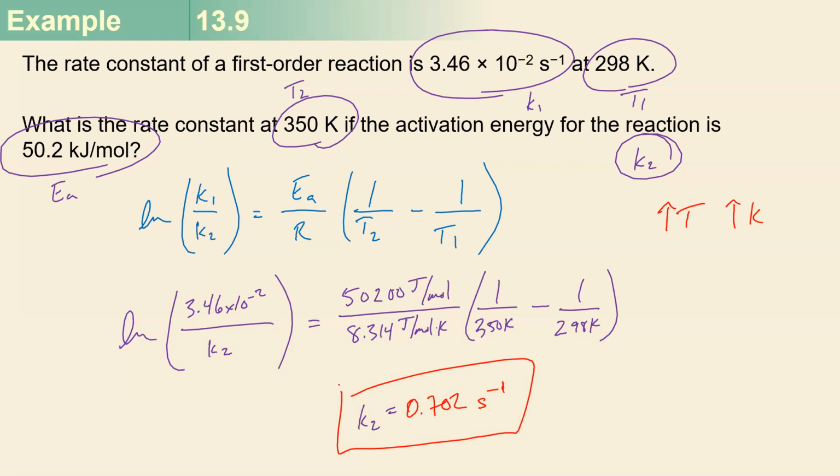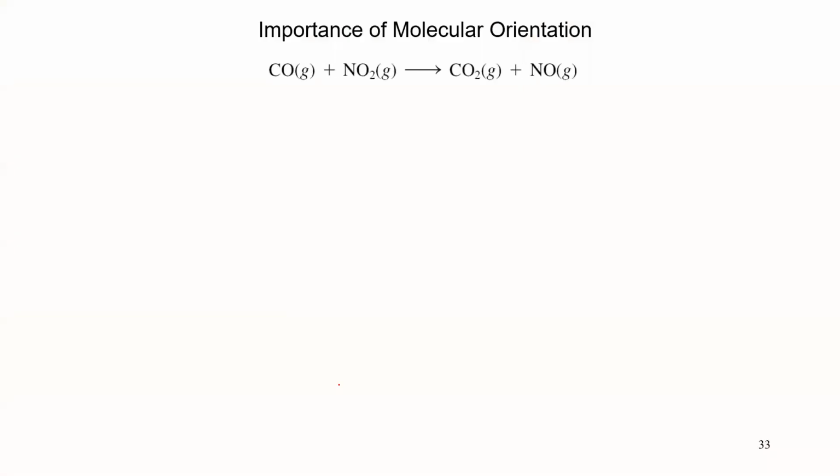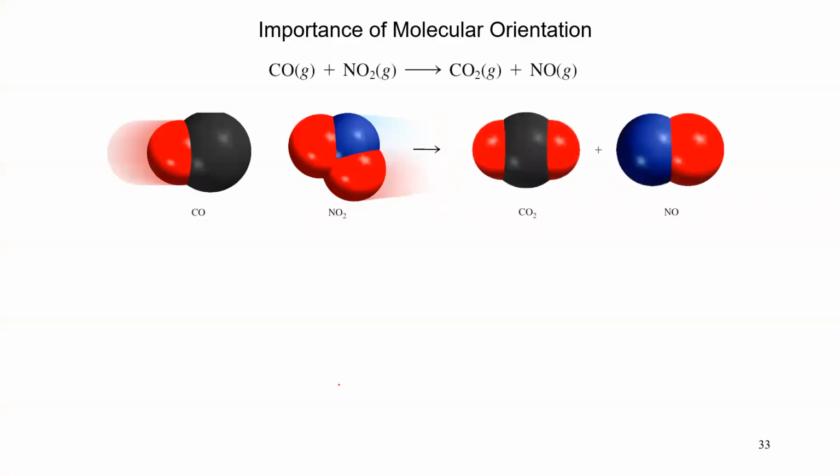Now I mentioned that that A factor, that frequency factor, is important, because in order to react, they have to be pointing in the right direction. In this example, we have carbon monoxide reacting with nitrogen dioxide, and if those two react carbon to oxygen, then carbon monoxide will steal an oxygen.